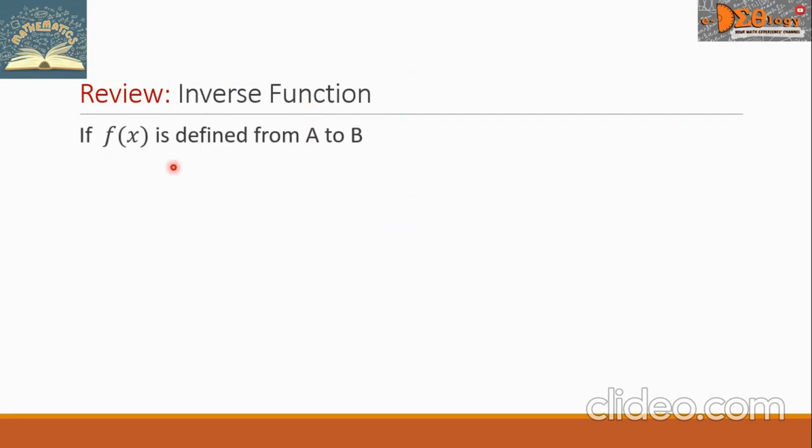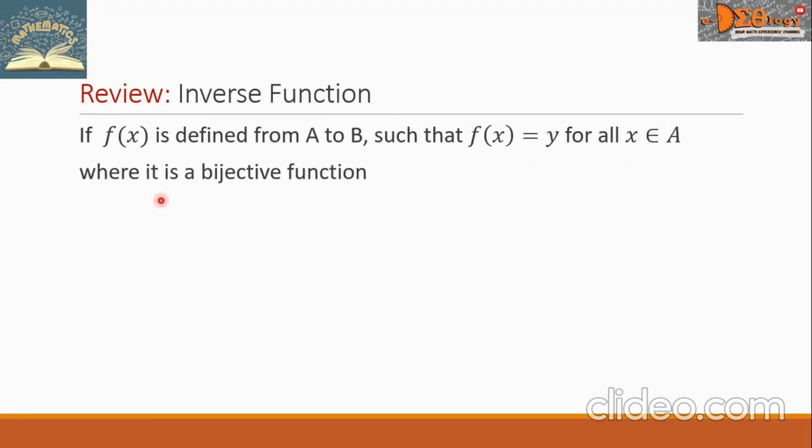If f of x is defined from A to B, such that f of x equals y for all x an element of A, where it is a bijective function. Bijective means the function is one-to-one and onto.